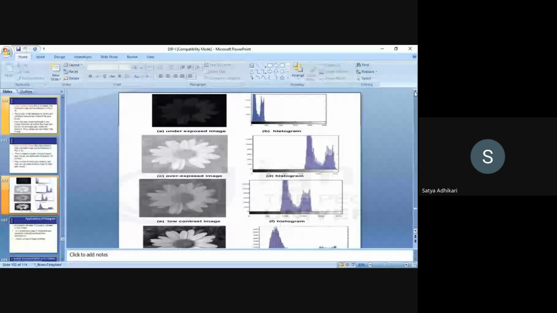The histogram is close to 0, and if the histogram gives this sign, we get the information that it is an underexposed image, and the gray level value of all pixels is less than 50. So 50 means it is darker, it is not clear, there is more black color, so the details are not clear. You will not get detailed information of the image because it is an underexposed image.